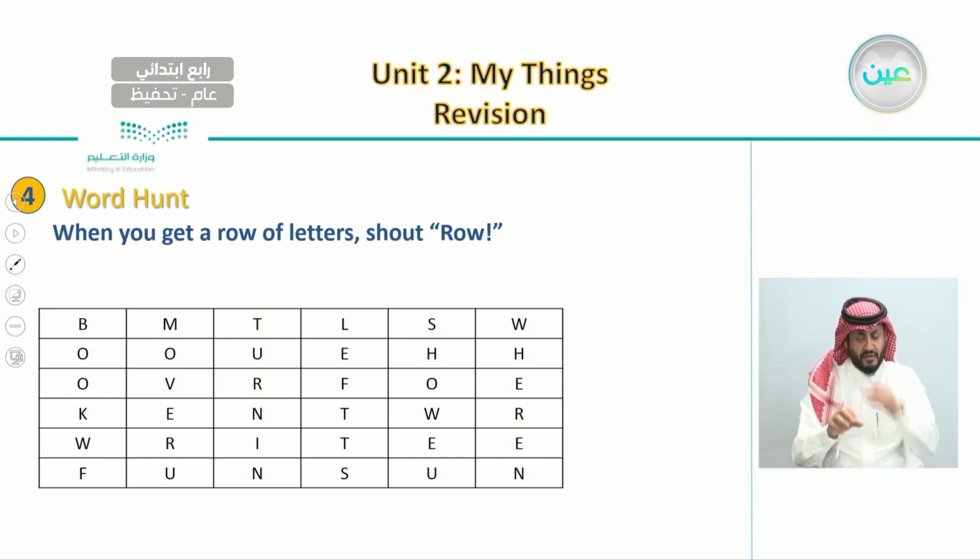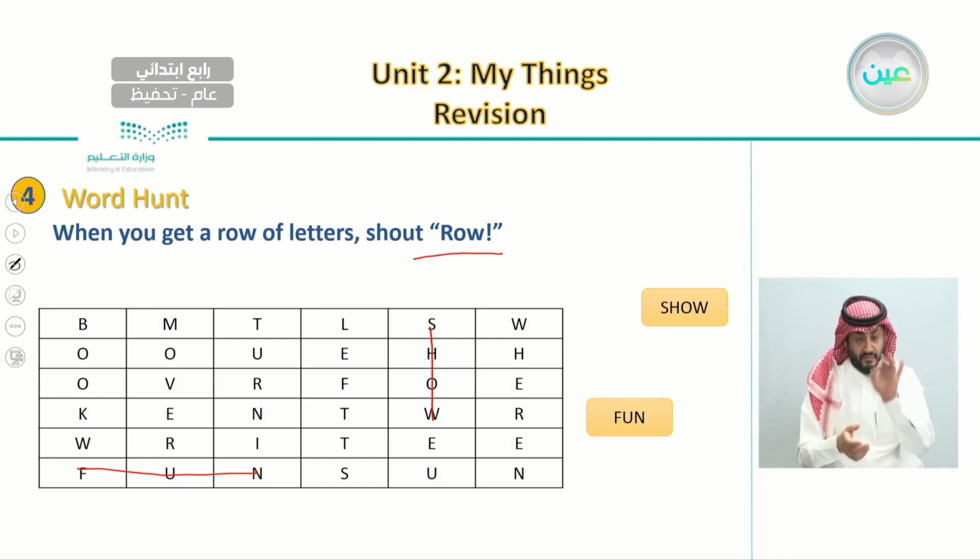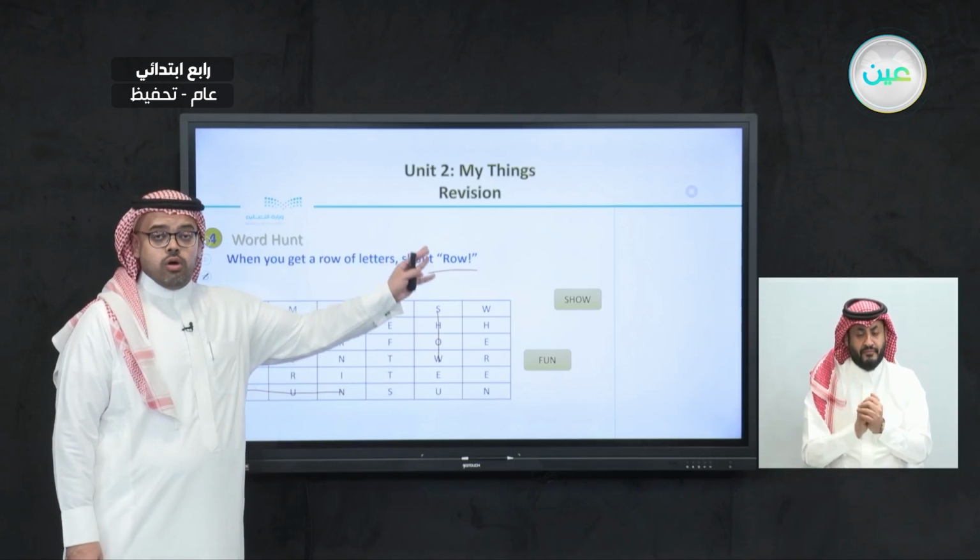So for example, when you listen to the word "show," you look around for the word "show," and if you find it, you make a line like this and say "raw." And to continue, when you listen to another word like "fun," for example, you cross these letters and say "raw."